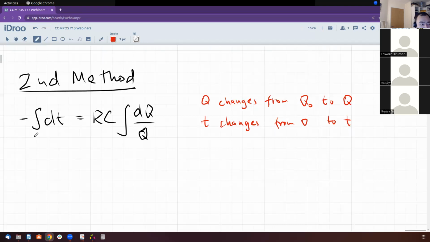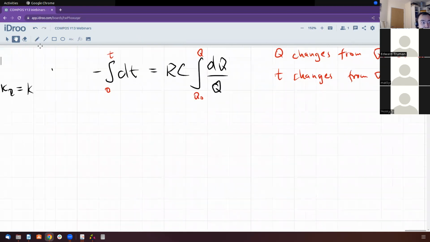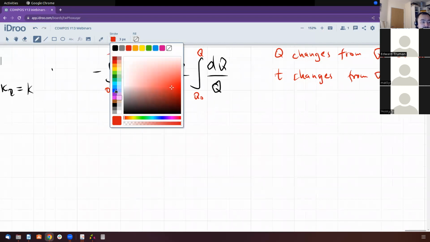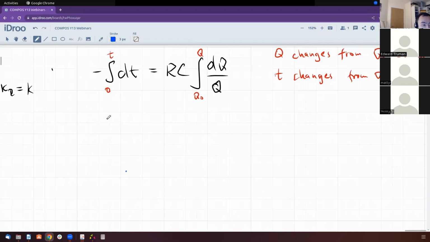So time changes from 0 to t, and q changes from q0 to q. And now we integrate with limits. And look what happens. The integral of this is minus t between limits 0 and t. Then we have RC, and then the logarithm of q between limits q0 and q.